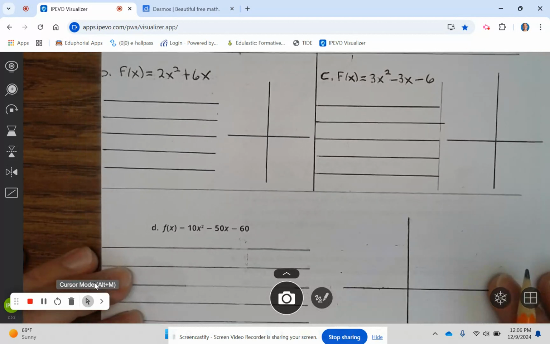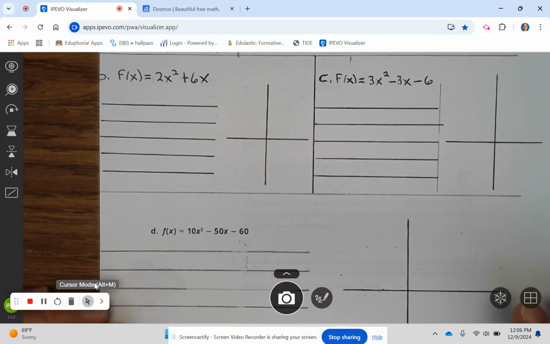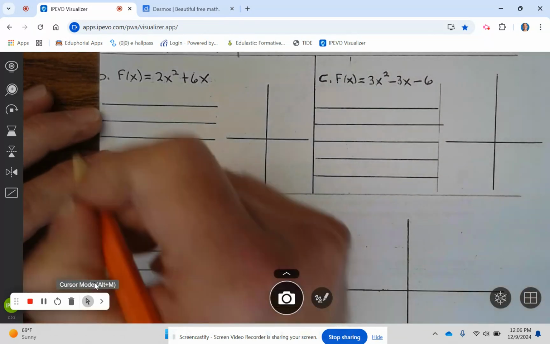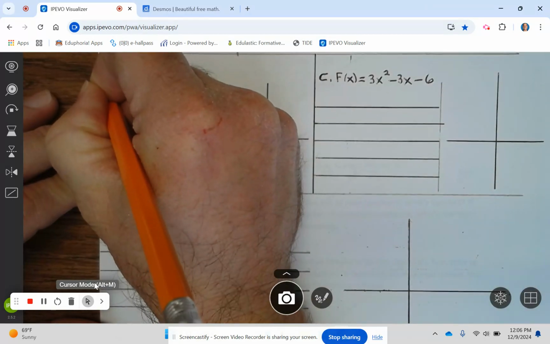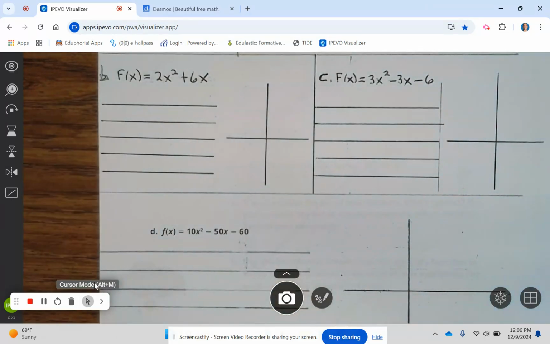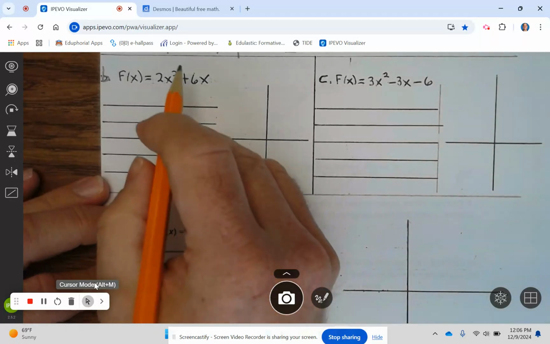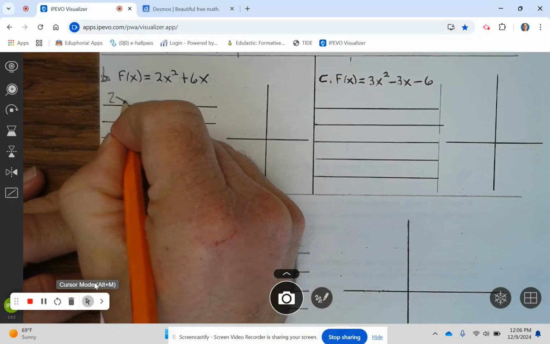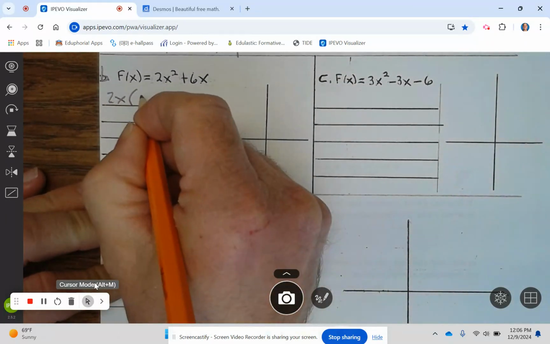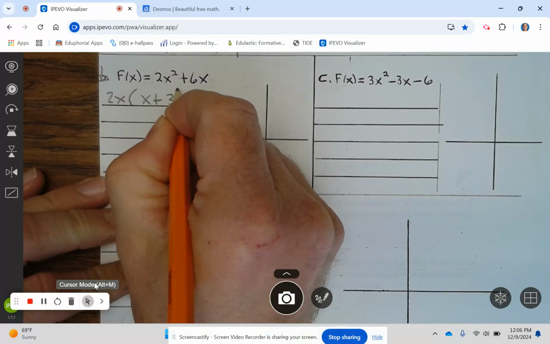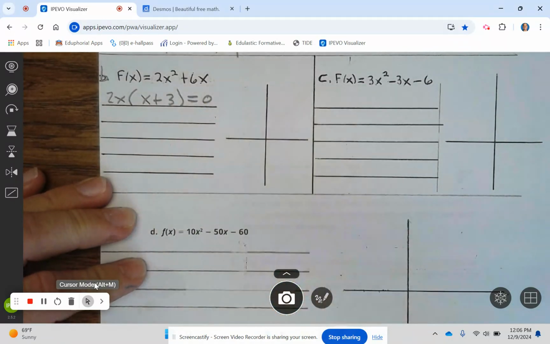Let's take a look at letter B. Okay, so we can factor out a greatest common factor of 2x, which leaves x plus 3. Let's set that equal to 0.